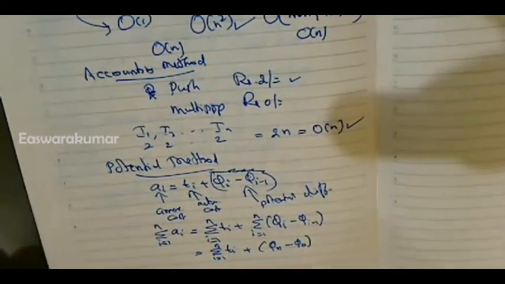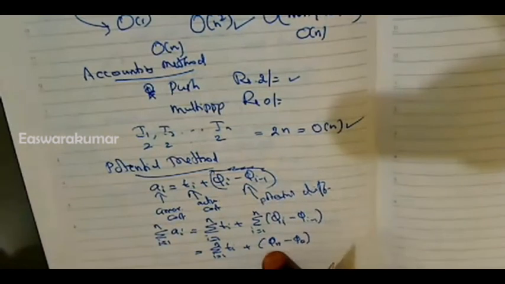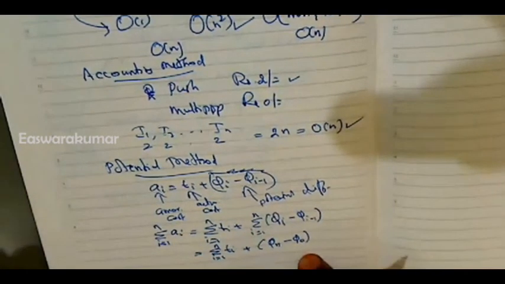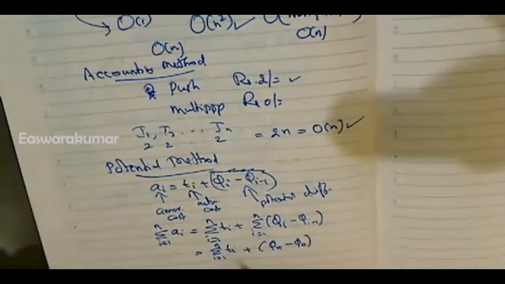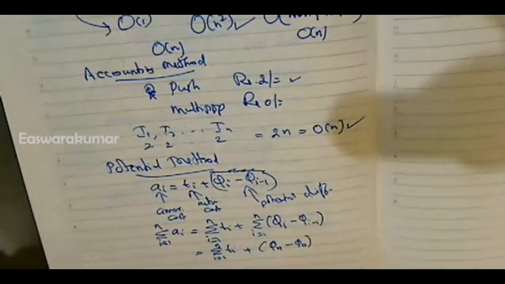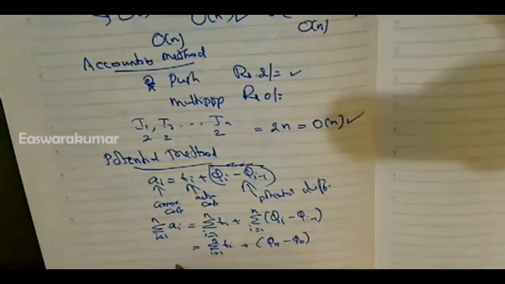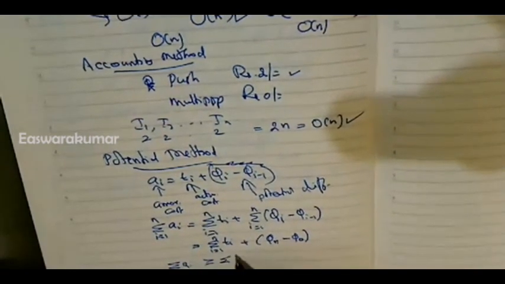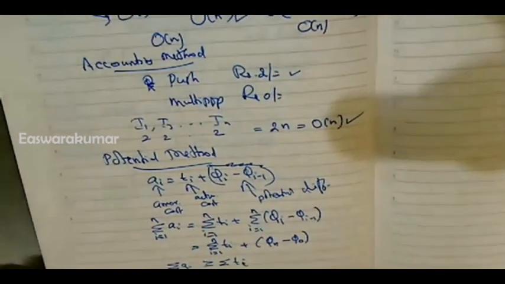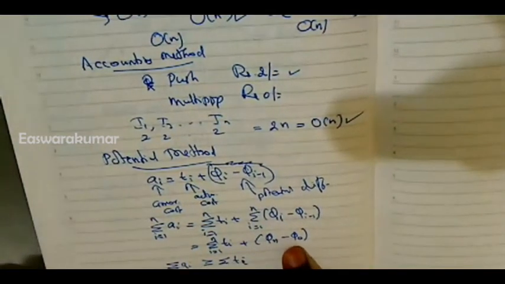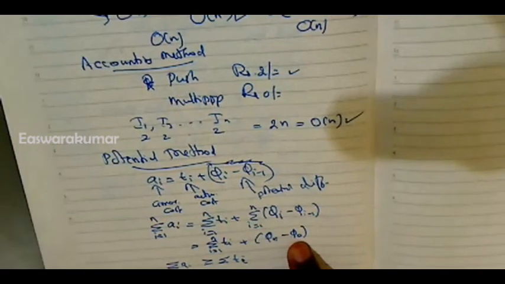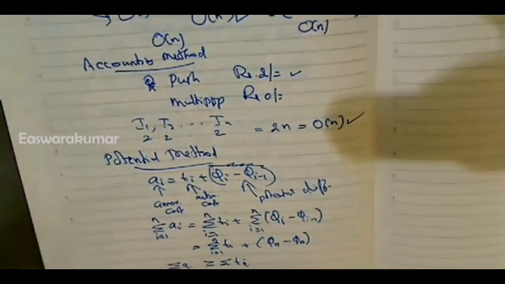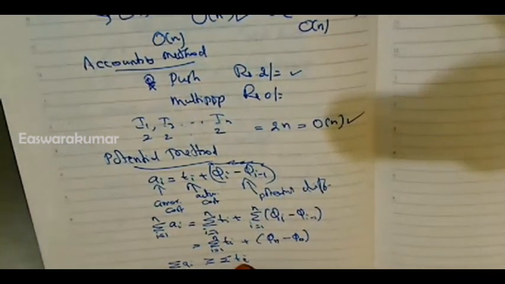Suppose this potential difference pi_n - pi_0 is positive. If this is positive and you remove this term, then the sum of the amortized cost will be greater than or equal to the sum of the actual cost. So whatever amortized cost you obtain through this formula will be an upper bound on the actual cost.